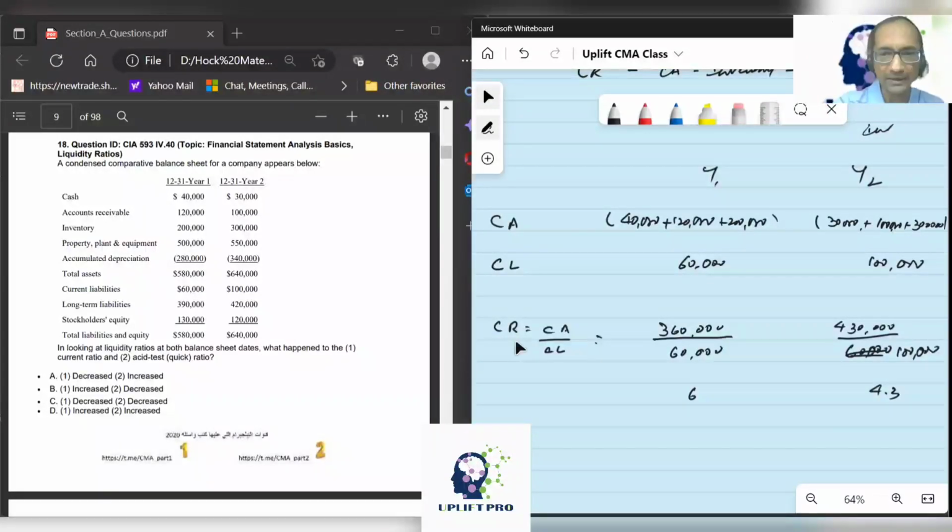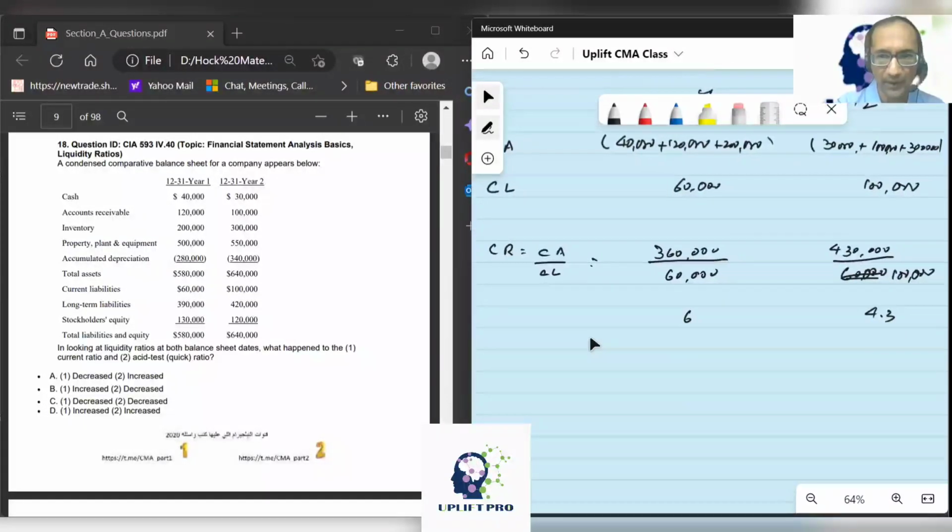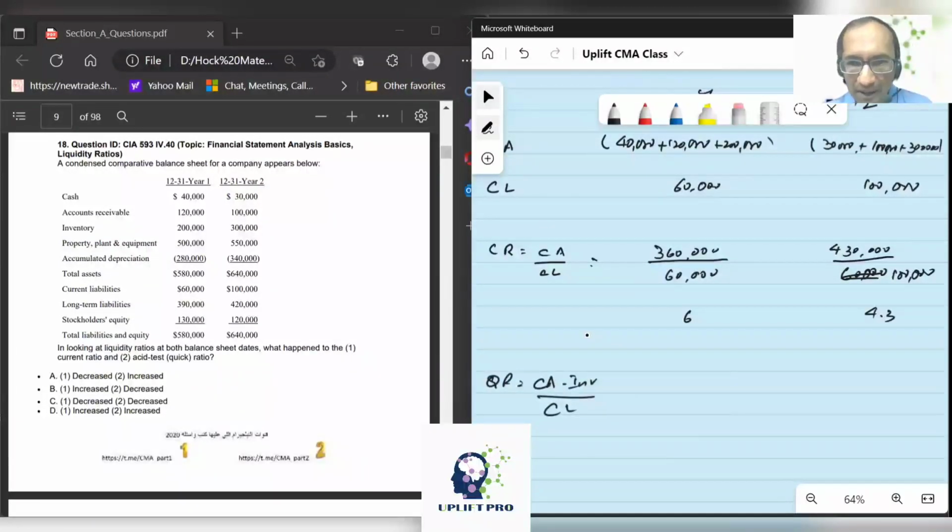Okay. And let's look at the quick ratio now. What happens to the quick ratio? Quick ratio is current assets minus inventory divided by current liabilities. So in this case, it is 360,000 minus your inventory of 200,000 divided by 60,000.